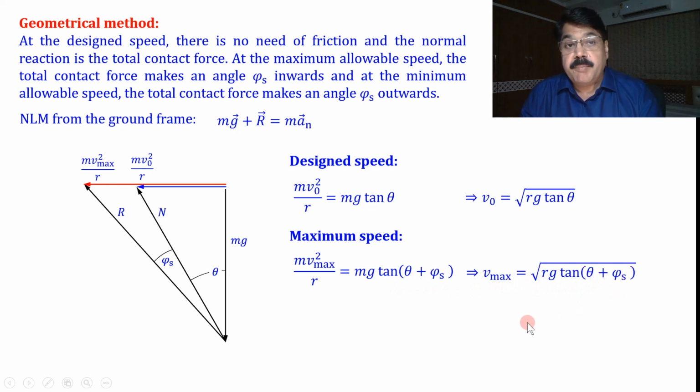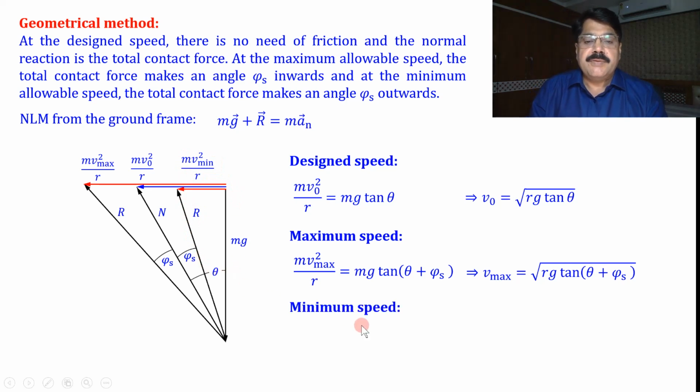Similarly, we can proceed for the minimum speed. When the speed is minimum, the total contact force makes angle phi s outward. So this way, here will be your R. So this way, this angle will be phi s, and from this point to that point will be the vector m v min square by R. Now from this triangle, you can see m v min square by R is equal to mg tan of theta minus phi s.